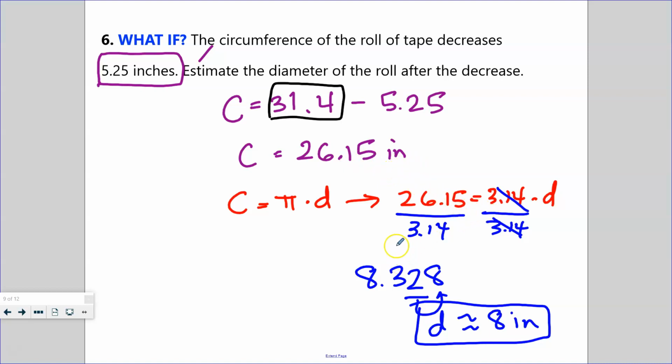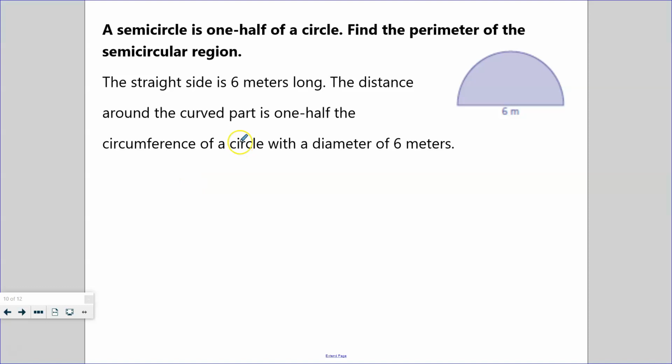And therefore, I would round and say that approximately 8 inches would be the diameter of the tape after it was used.